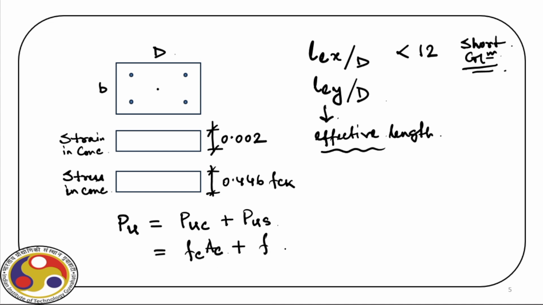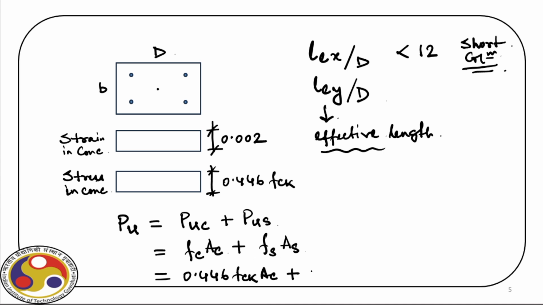Similarly, we have for steel Fs, that is the design stress times As. Now we already know the value of Fc, which is 0.446 FCK times AC.